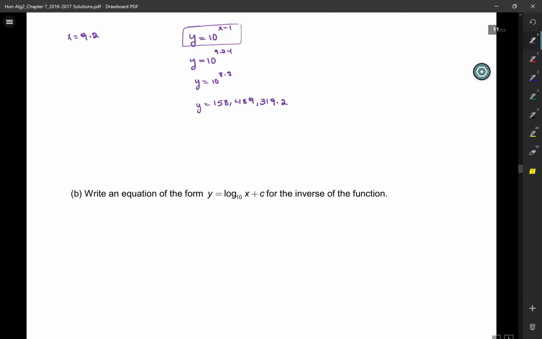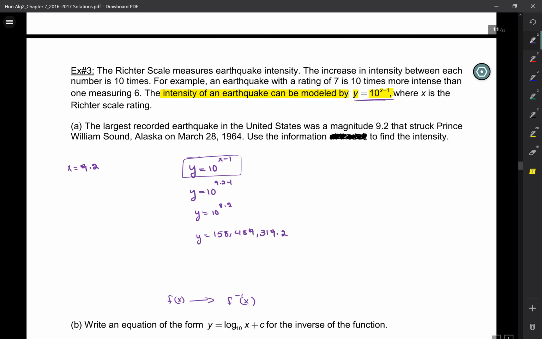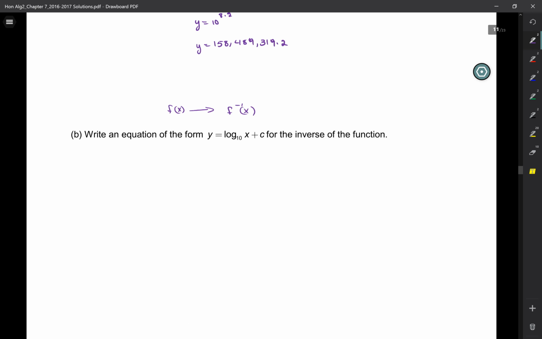Remember how in the last chapter we had f of x and we had to find f inverse of x? Now we have this as my y, and I want to find the inverse of y. The inverse of an exponential function is a logarithmic function, right? So we take this equation, write the inverse of it, and that's going to be a logarithmic function. The equation is y equals 10 to the power of x minus 1.